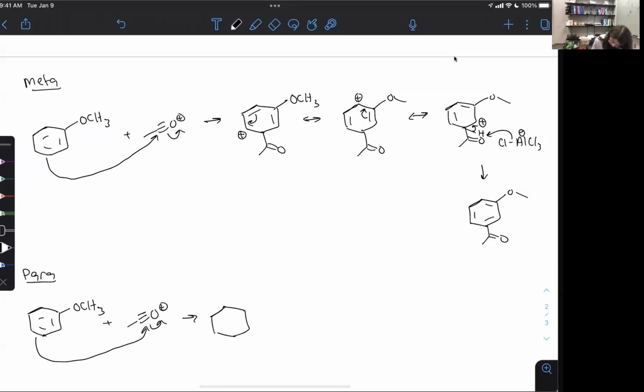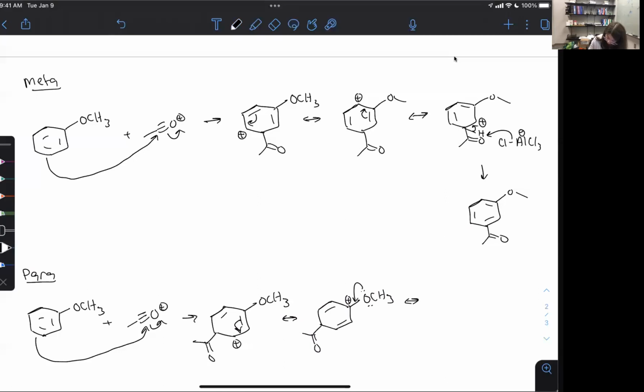So we're going to put it in the meta position, or goodness, in the para position from our methoxy group, which means our carbocation is going to be on the meta carbon. Okay, for resonance time. I've hit the magic sauce. I've been able to get my carbocation on the carbon next to the oxygen. So I can take advantage of that. I'm going to draw out that resonance structure.